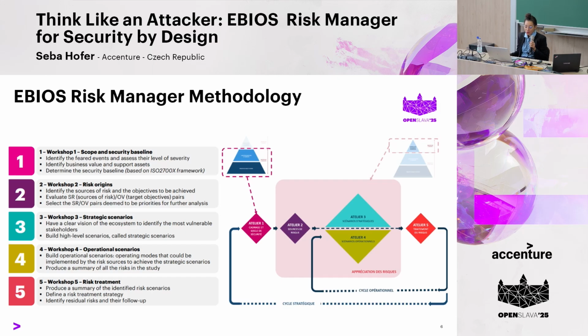Then in workshop 4, we dive more into the technical aspects by understanding the vulnerabilities and the existing security measures, to identify the likelihoods, meaning the probability that this attack path will become real. And finally, in workshop 5, we do the risk treatment: we propose mitigations to lower the risks.